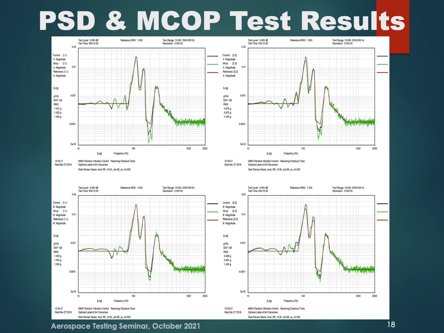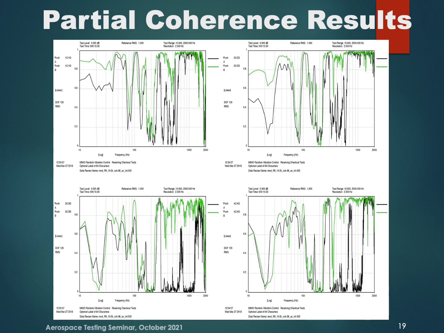But now on the lower two traces, I've got the same results for test B. And here, the green trace is much closer to the black trace, indicating that the response for Y1 and Y2 is more linear for test B. The other measure is the partial coherence.